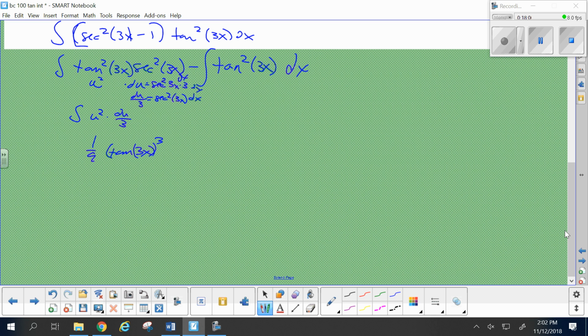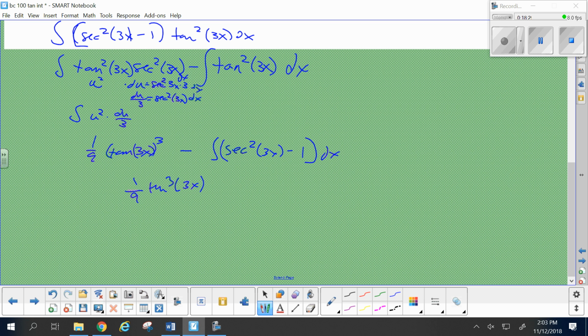We just did tangent squared right above this, didn't we? We do tangent squared by calling it secant squared minus 1, identity. So I'm feeling 1/9 tangent cubed of 3x. Wait. What's the antiderivative of secant squared of 3x?